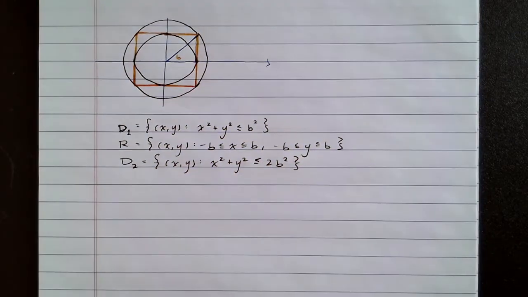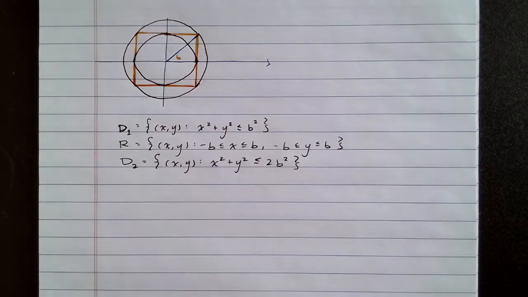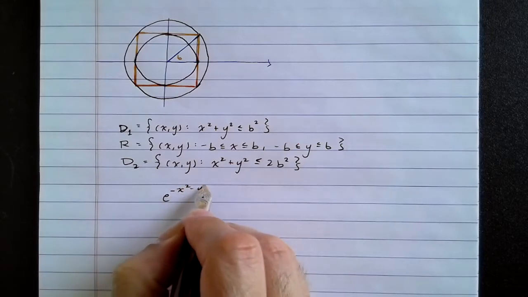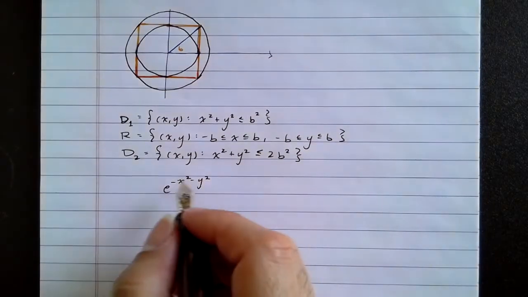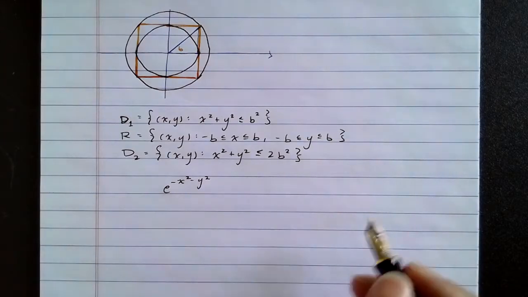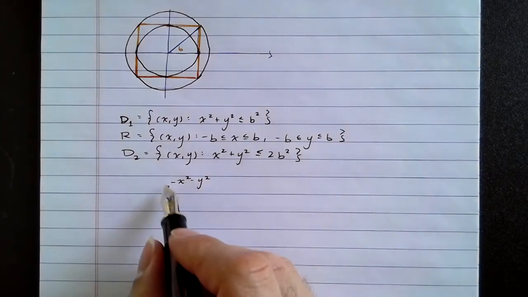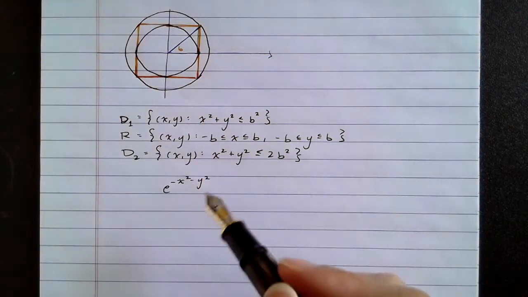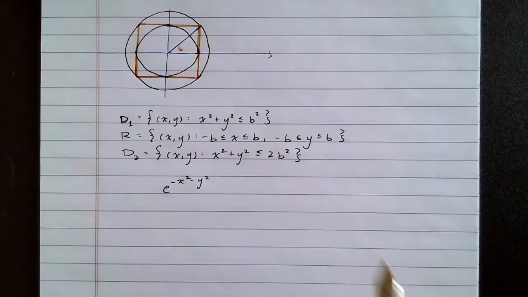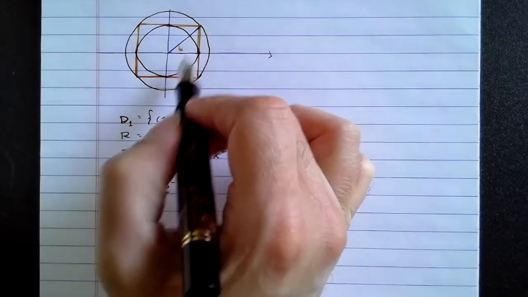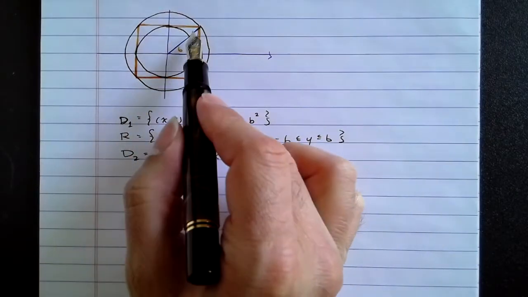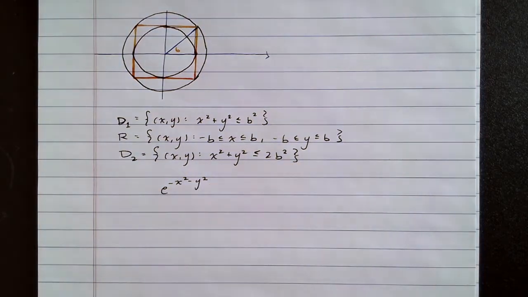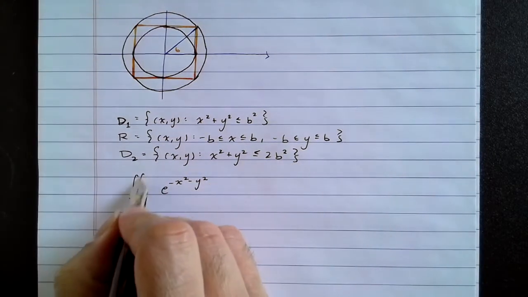Okay, now the function that we're actually going to consider in 2 coordinates is the following, and we're going to be integrating this function over these regions. If you give me any point x, y in the plane, this is always bigger than or equal to 0, for the same reason as before. And since the inner circle, D1, is a subset of the square R, which is a subset of the outer circle, D2, we have this relationship between the double integrals.